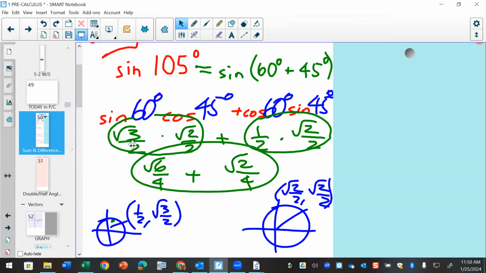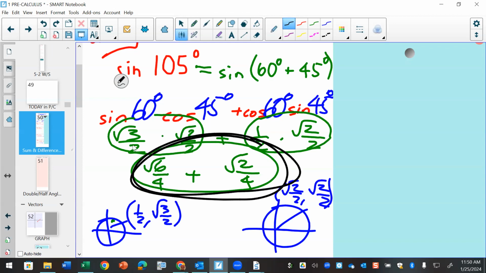So on the unit circle, if you're picking sine, go after the Y. Positive or negative? Easy question. Positive. Sine of a second quadrant angle, positive? Remember ASTC? Okay, so even though I don't want a decimal or anything wacky like that, that's how we do it.